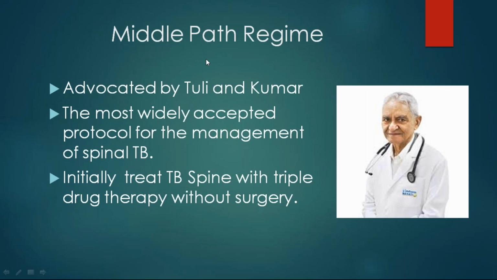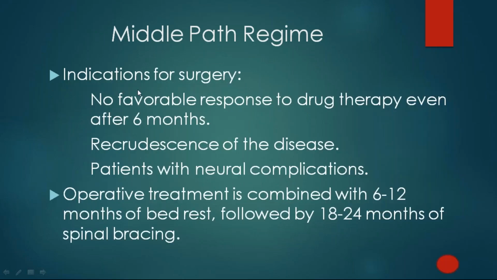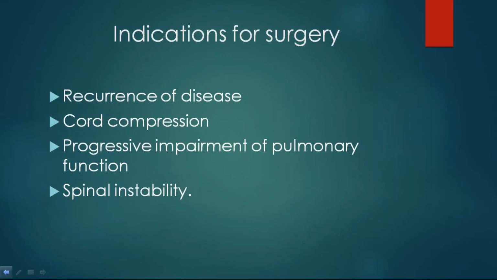And coming to the cold abscess, you need to tell the cold abscess from cervical, thoracic, and lumbar, where it spreads. And if it is an essay, you just need to write it down as introduction, clinical features, pathology, diagnosis, treatment, surgery.